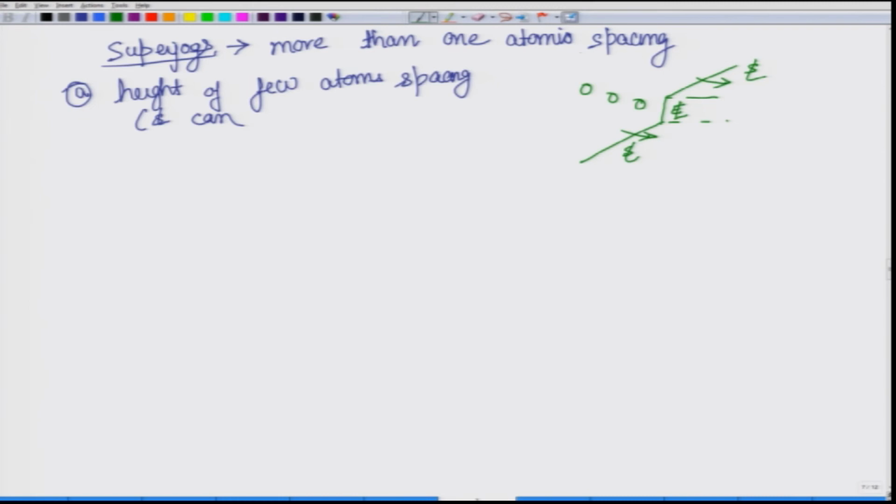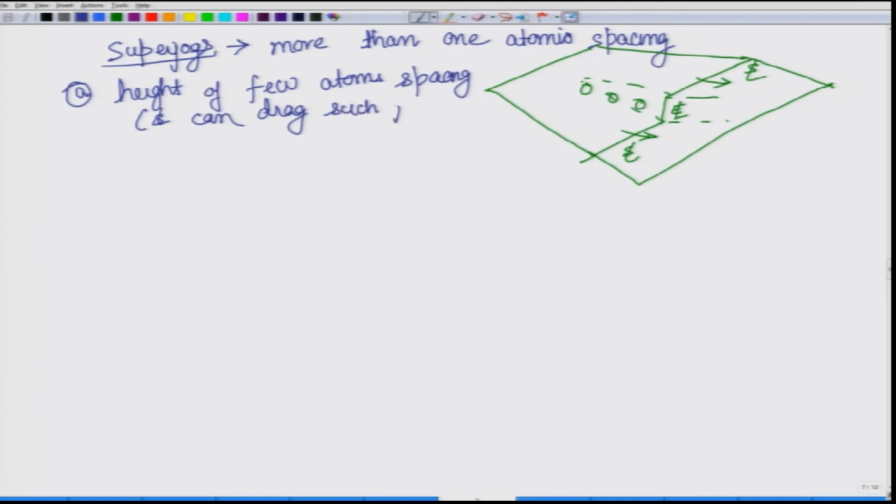So, if you want, you can even draw, so screw dislocation can drag such jogs and create several vacancies. Intermediate size. So, this is the super jogs.